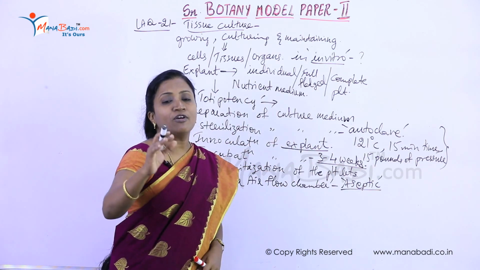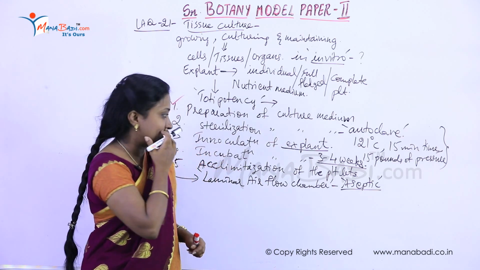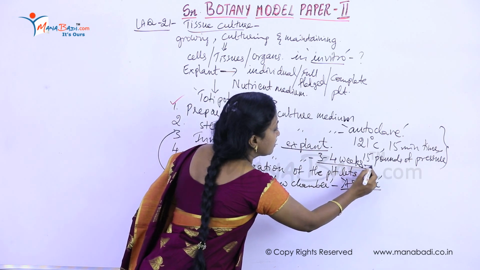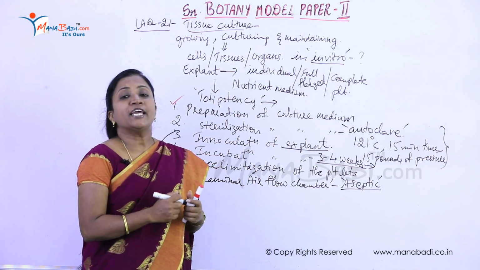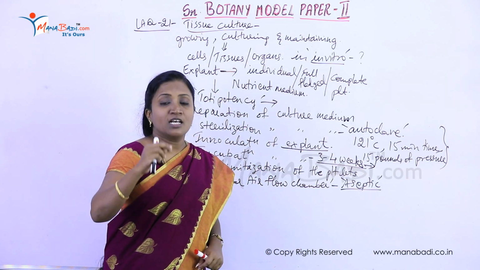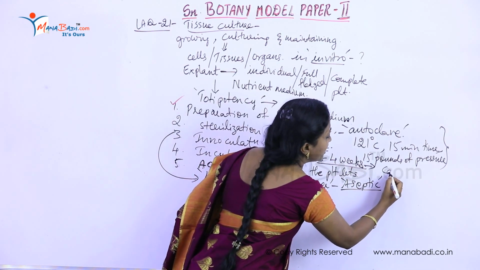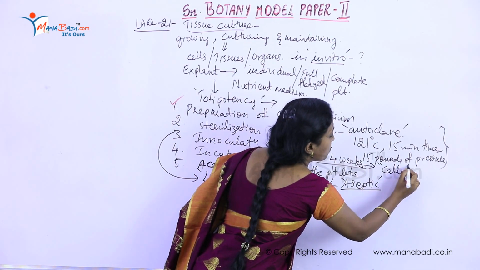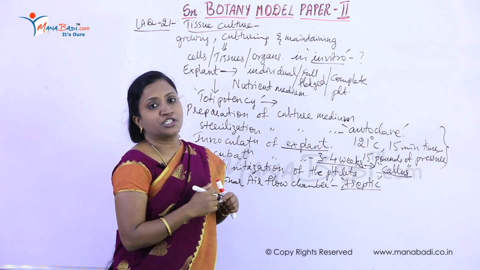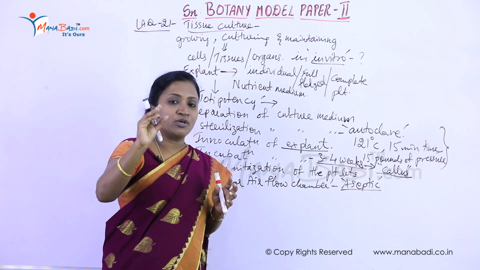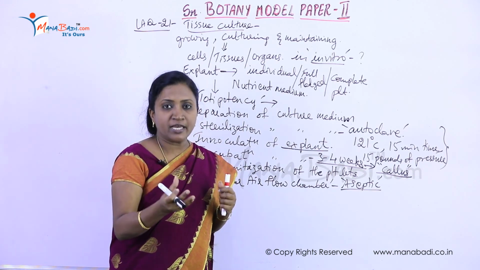So when it is kept for 3 to 4 weeks, what happens? After the incubation time, slowly you will see the appearance or the proliferation of the tissue. Proliferation is nothing but protruding out from the nutrient medium.